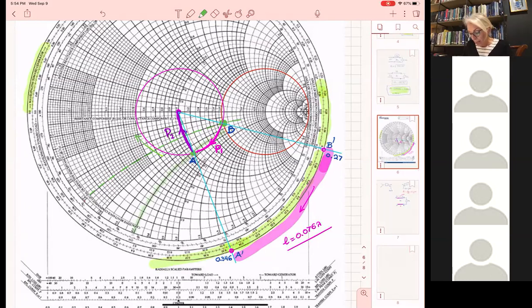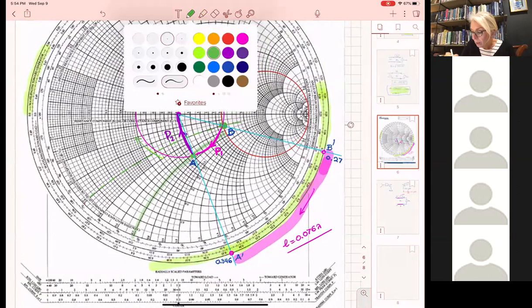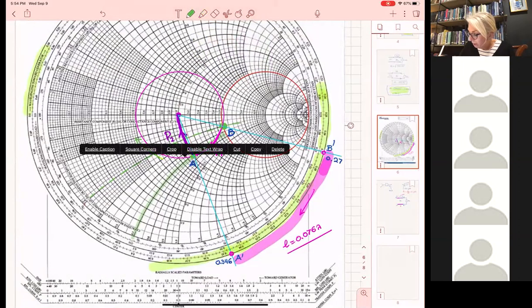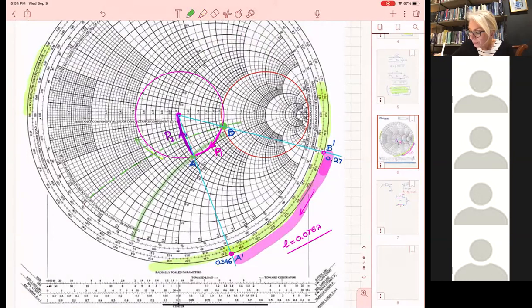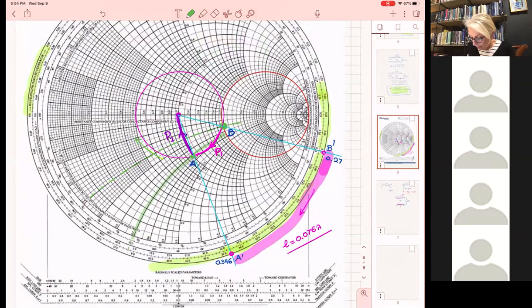Okay. This number, what is this number? This number is 0.7. What is this 0.7? This is reactance.